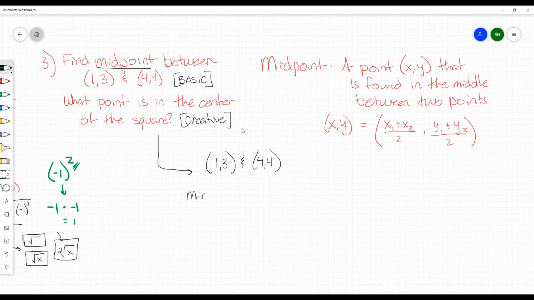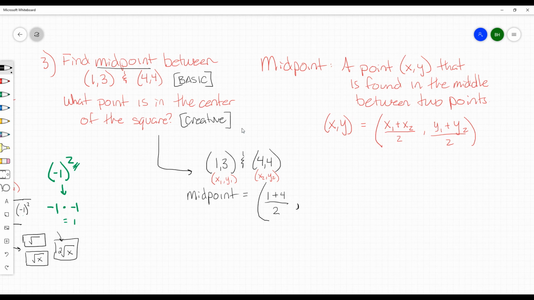Okay, so I'm going to go ahead and write midpoint equals, as we did before, I really like to label my points. So this will be my first point. This will be my second point. And let's see what we get. Okay, so we have x1, x2. So we're going to do 1 plus 4, find the average of that. Comma, this is a comma in between.